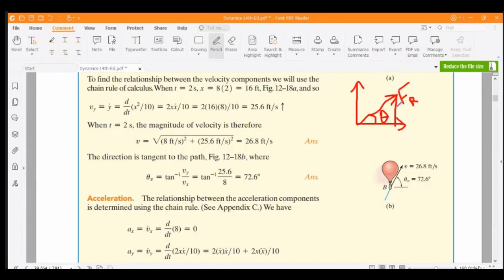Because tan theta is about the angle you find along with the known base and hypotenuse, right? And these are perpendicular to each other. x, y and z are perpendicular to each other. So that is why we will be using this formula.